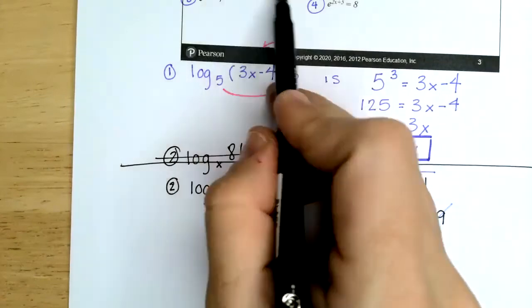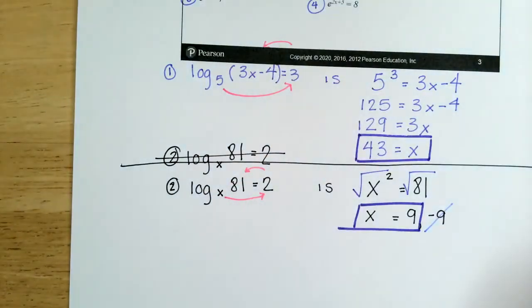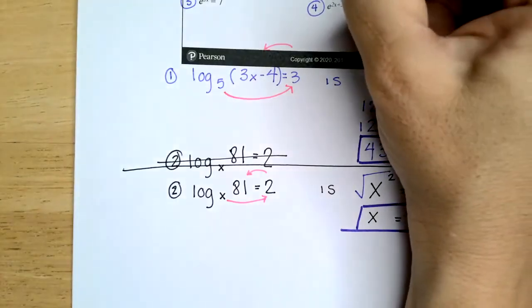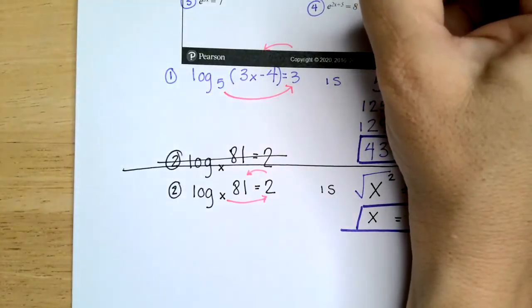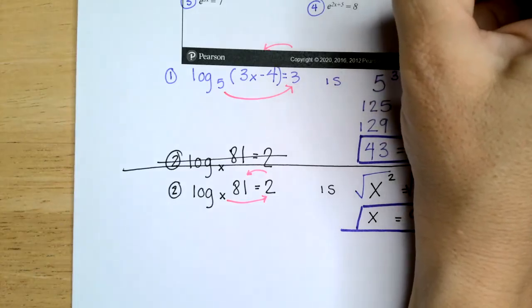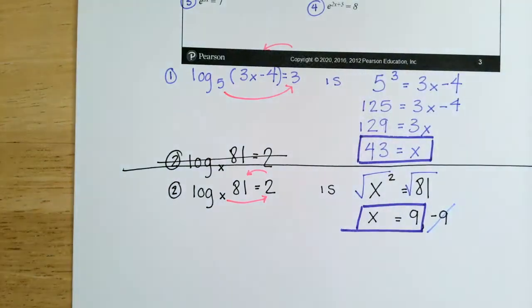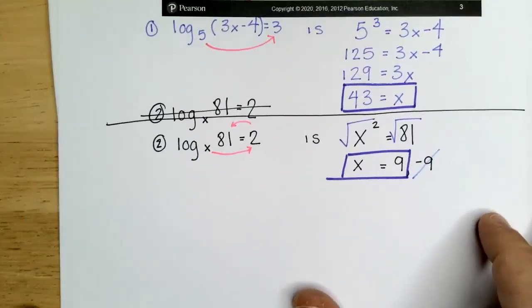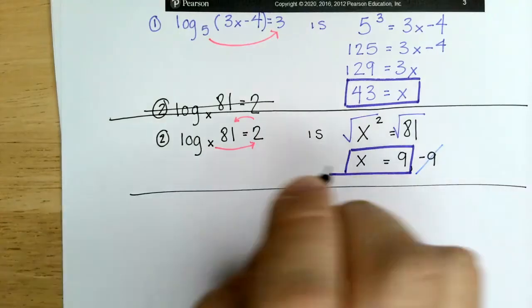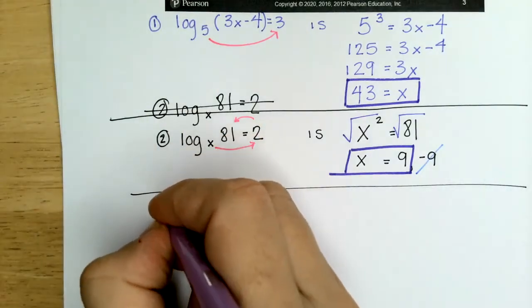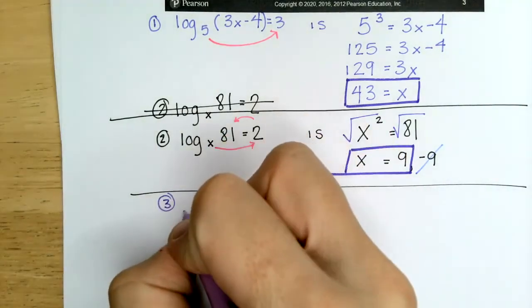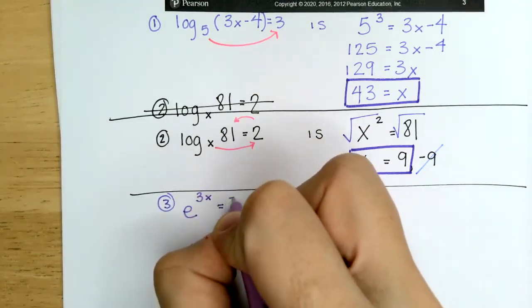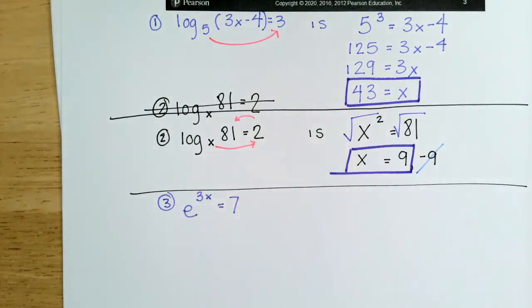Now we are going to solve exponential equations by converting them back to logs. Number 3, e to the power of 3x equals 7. That's very difficult, right?